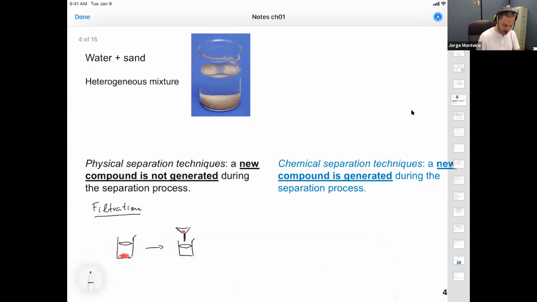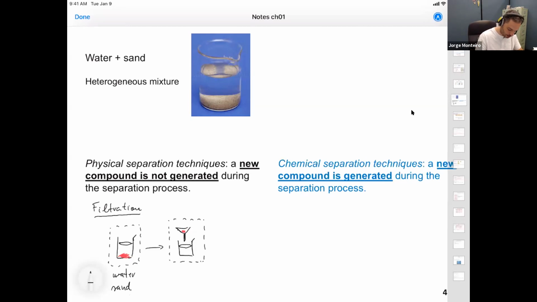Okay, so the secret here is to look at the whole system at the beginning and at the end. Okay, so here we have everything at the beginning, water and sand, and look at everything at the end.